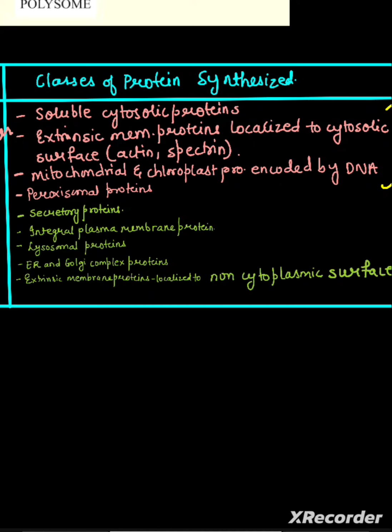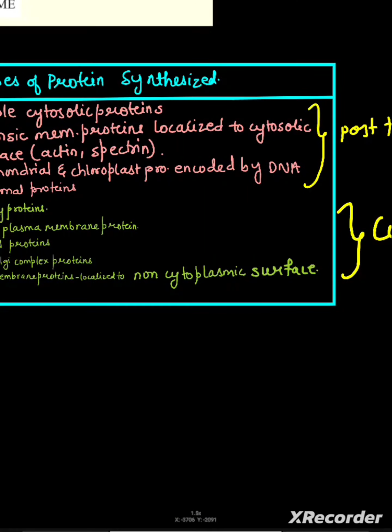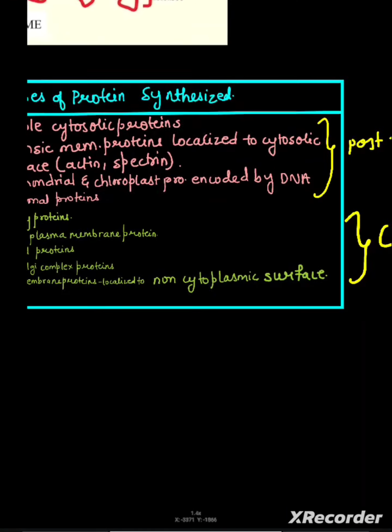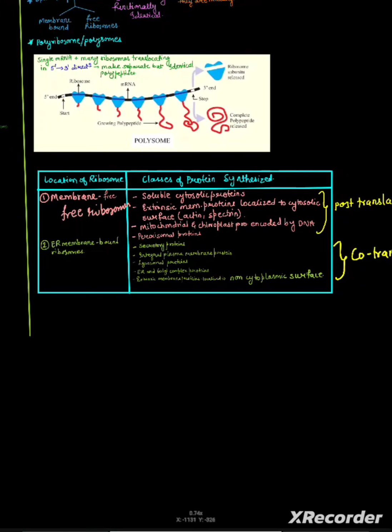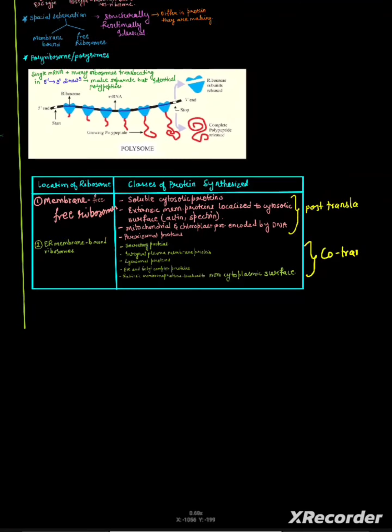There are certain proteins also involved in this particular function of translocation itself. Then extrinsic membrane proteins localized on non-cytoplasmic surfaces. This was cytosolic surfaces, this is non-cytosolic surfaces. So you can see where that particular protein has to be translocated. Based on that, you have the spatial separation of these ribosomes.